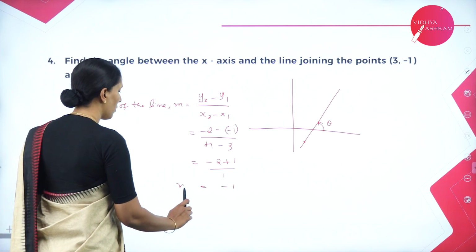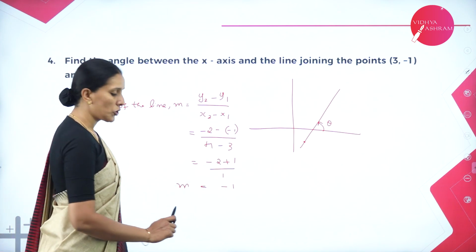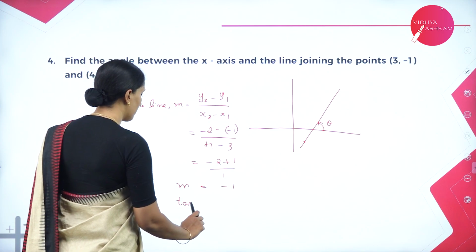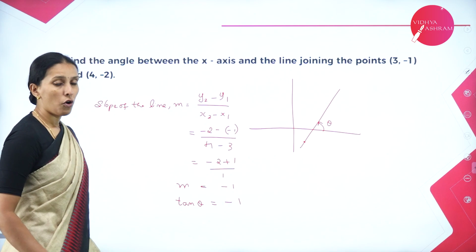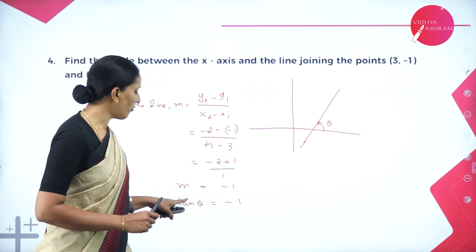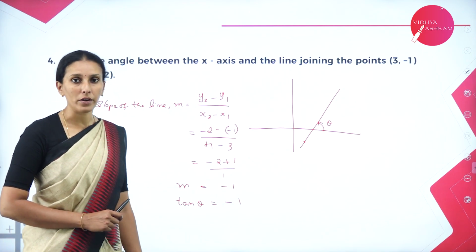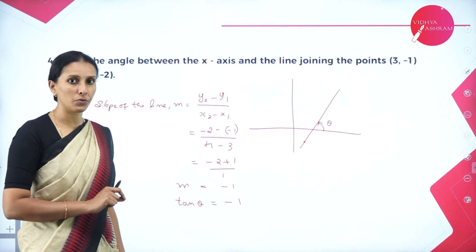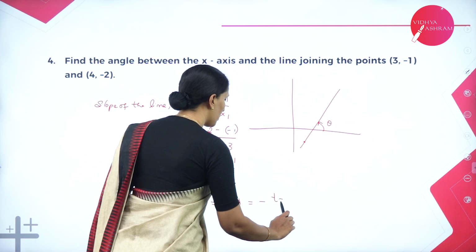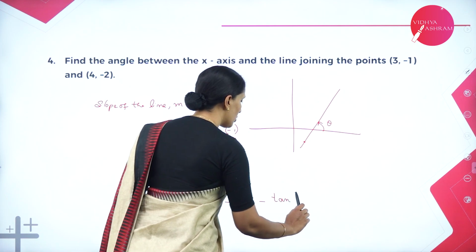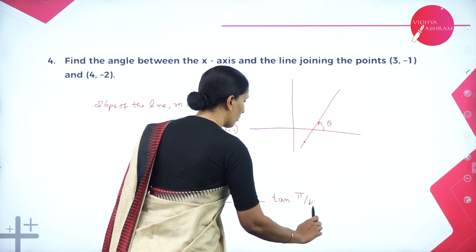We also know that m can be written in the form of tan theta. So tan theta is equal to minus 1. Now for what value of tan will we get 1? We know that tan 45 degrees is 1, but let us keep the minus outside here. Then this is equal to tan 45 degrees, which can be written as pi by 4.